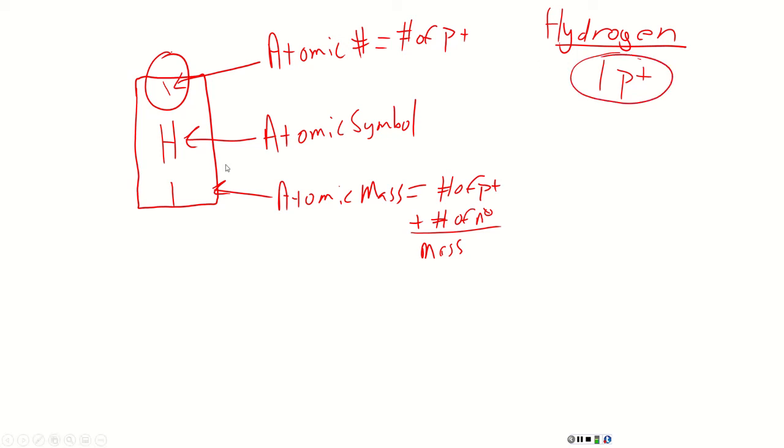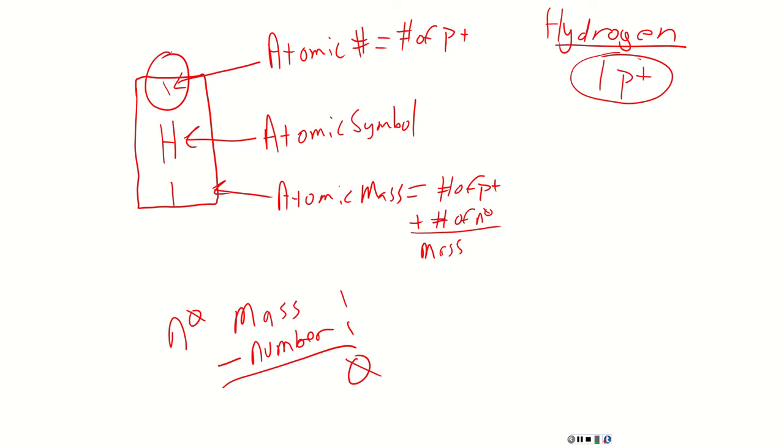How many neutrons does hydrogen have? Well, how do you find neutrons? You can find neutrons by taking the atomic mass minus the atomic number. Well, the mass is 1, the number is 1, so the number of neutrons is 0.